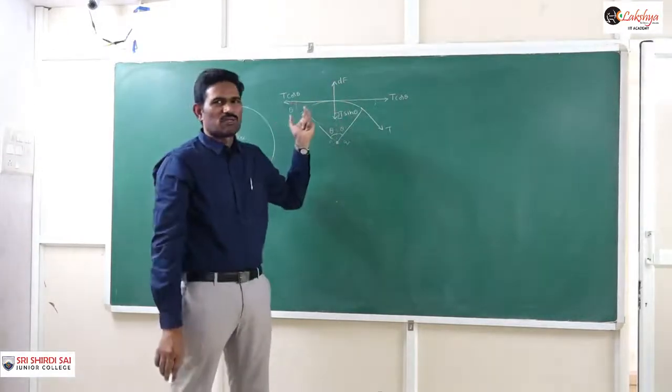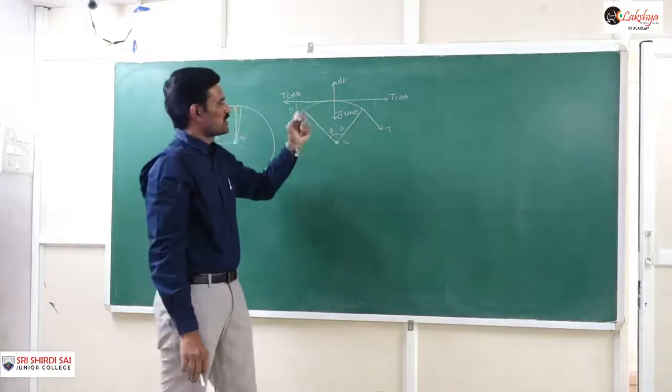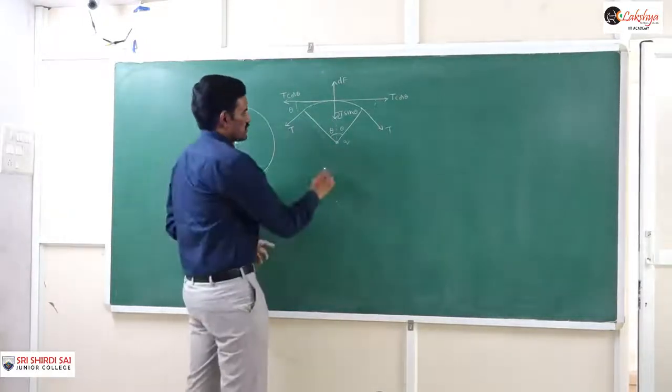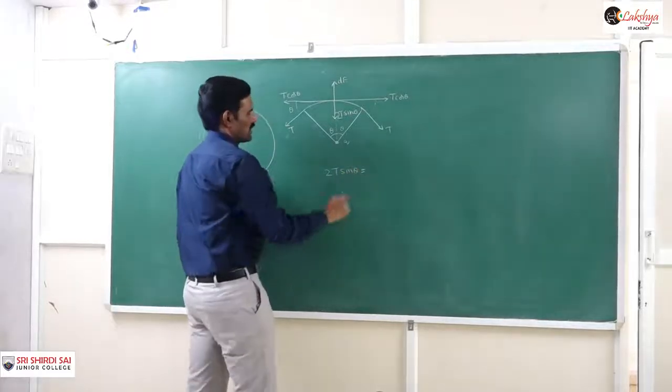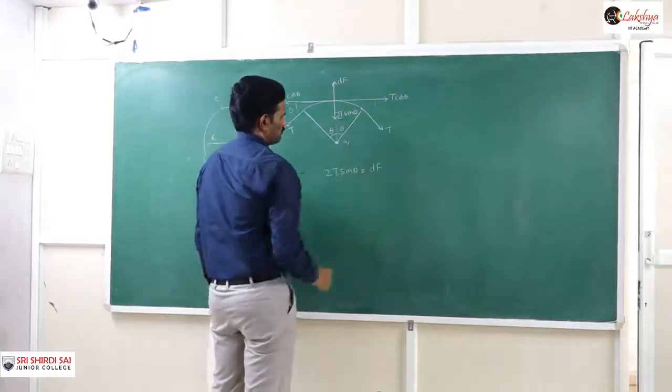As the system is in equilibrium, they are equal. So 2T sin theta is equal to dF.